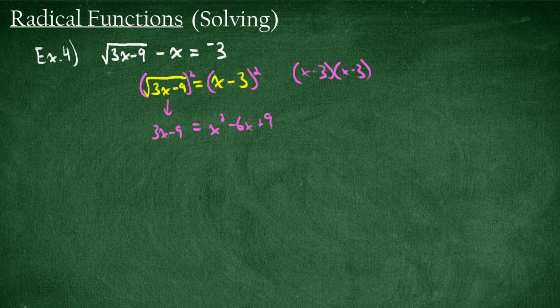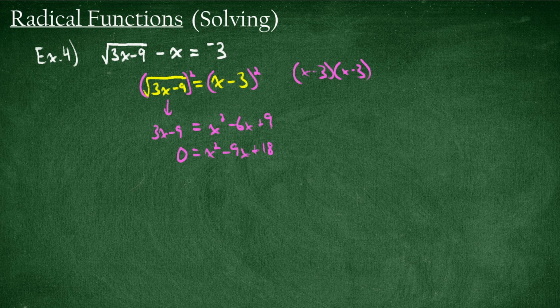So I'm going to subtract the 3x and then add the 9. So I get 0 is equal to x squared, and then let's see here, I'm subtracting 3x, so that's minus 9x, and then if I'm adding 9, that's plus 18. Good. Okay, I'm just double checking my work here.